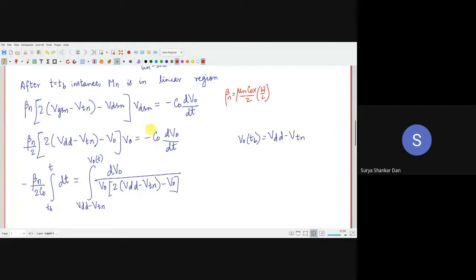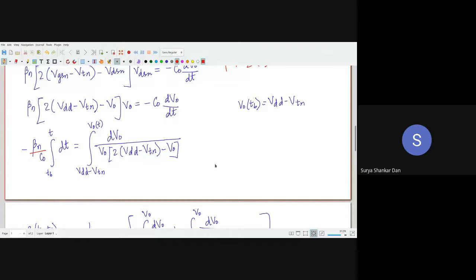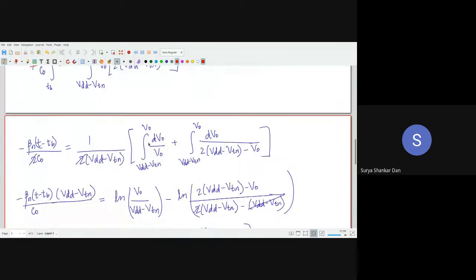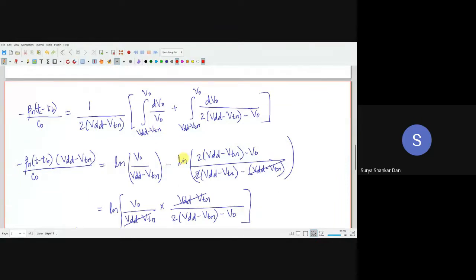The same thing here. I'm just reducing the number of terms. Then we will just carry out the calculations here.